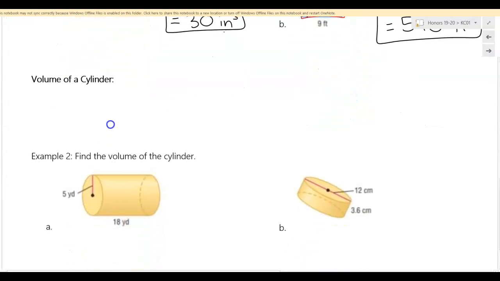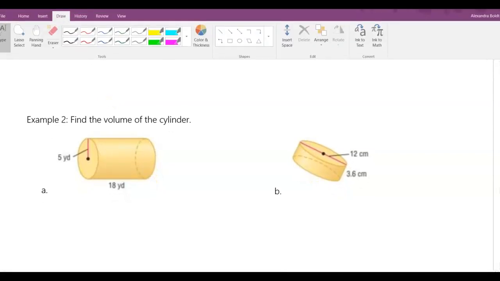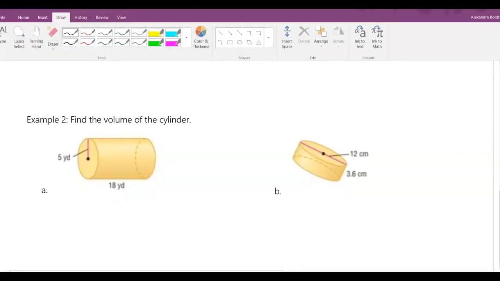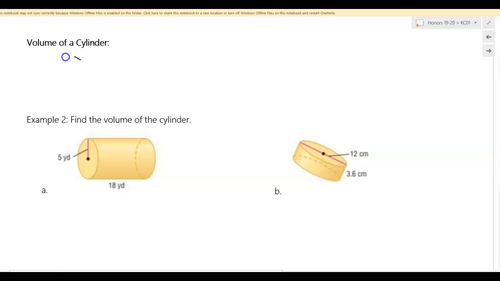Okay? So let's look at the volume of a cylinder. So a cylinder is like a can. Right, that's in the shape of a cylinder. There's 2 circles, and they're connected, right? So again, this connection is where your height has to go. The volume of a cylinder is the same as the volume of a prism.